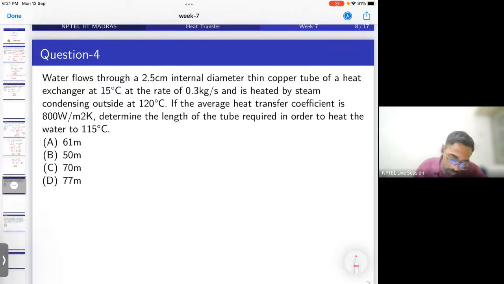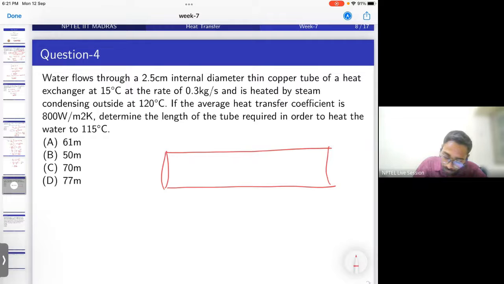Water is flowing through a copper tube of size 2.5 centimeter, and the water is entering at the rate of 0.3 kg per second at 15 degrees Celsius.